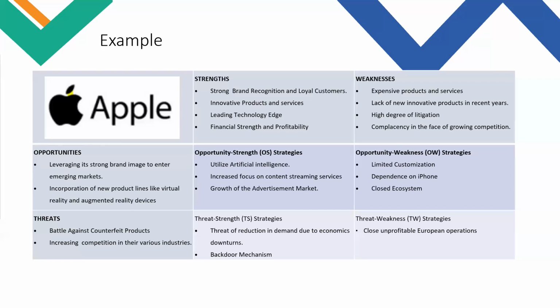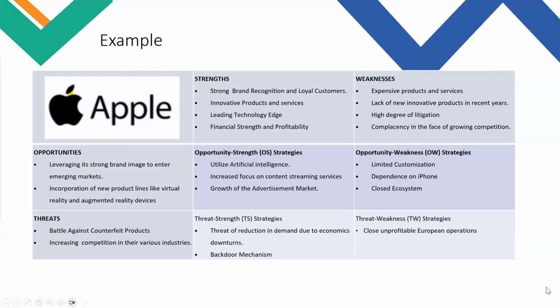Then they got so big that everybody was waiting for the phone. Once the phone came out, about 2004, 2005, when the first iPhone came out, they were known for computers, and they went into the phone business, and it was a hit right away because they leveraged their name, they leveraged their brand.